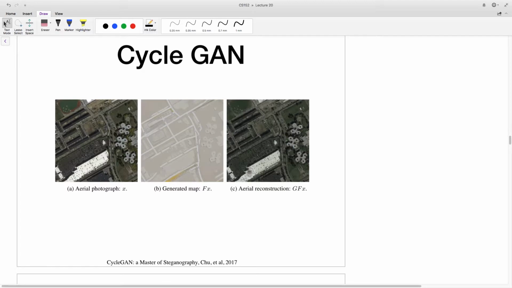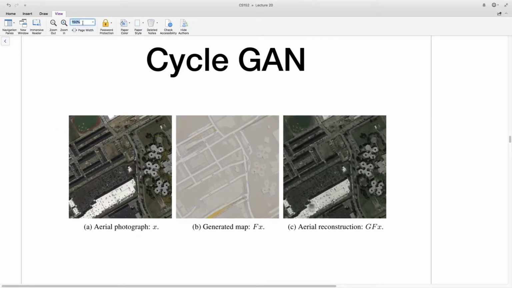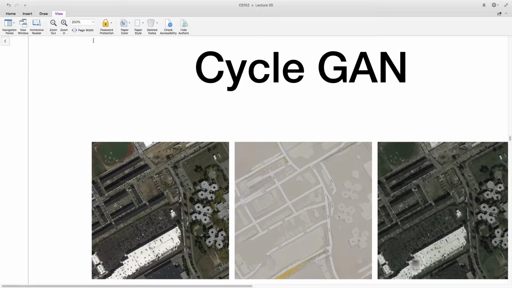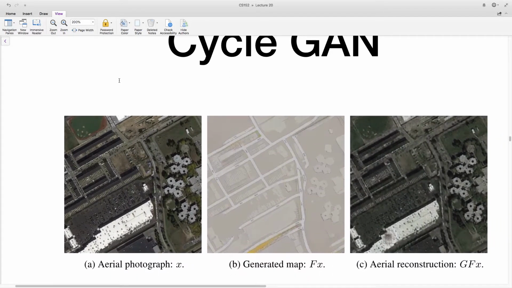Now, let me zoom into this a little bit. All right, so notice, if you will, these. What are these? Things on top of the building. I don't know, HVAC units, who knows what they are, right? They are not present here.